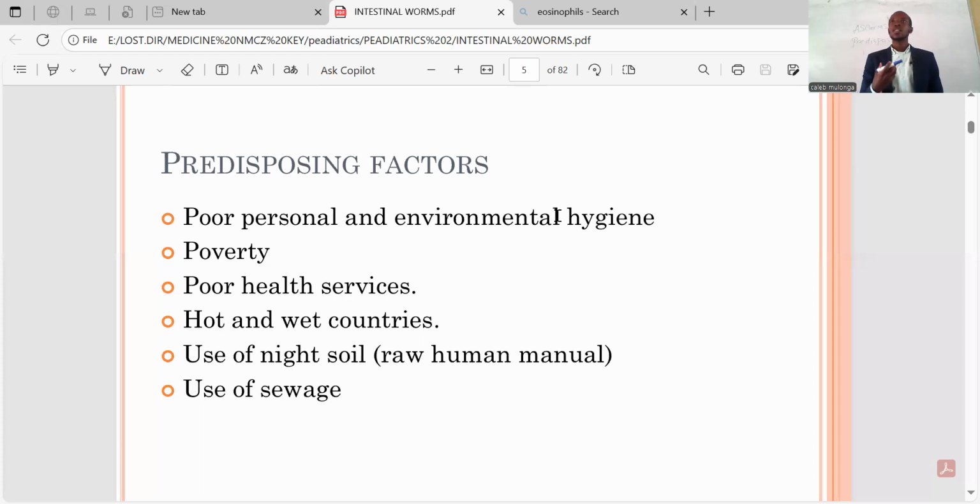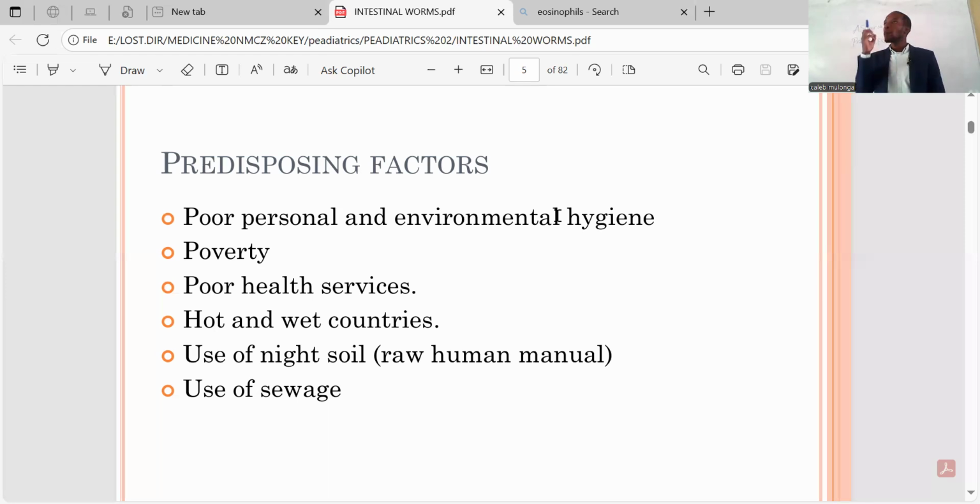In the previous lessons, while we've spoken about worms and diarrheal diseases, we've mentioned that personal hygiene is very important. Wash your hands. After visiting the toilet, you need to wash your hands. Before eating any food, you need to wash your hands.